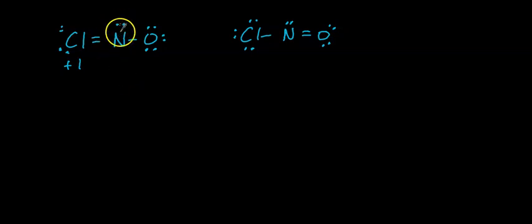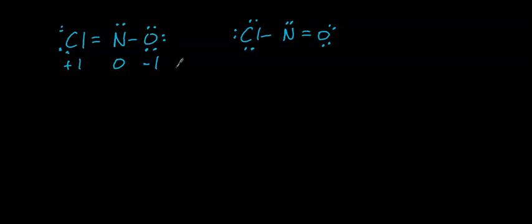So again, that's 5 minus 1, 2, 3, 4, 5. Nitrogen is 0. Oxygen, 6 valence electrons, minus 1, 2, 3, 4, 5, 6, 7. So it's got to be in that order: valence electrons minus the sum of the electrons around that atom. So not too bad. Those are pretty close to 0.